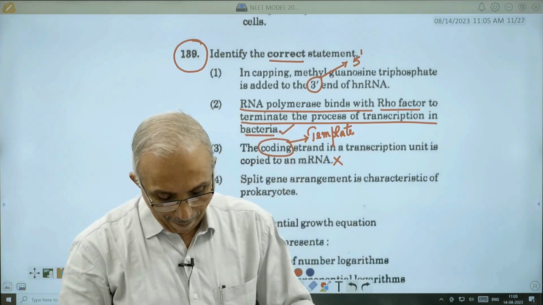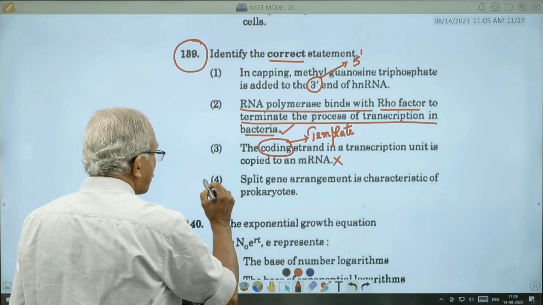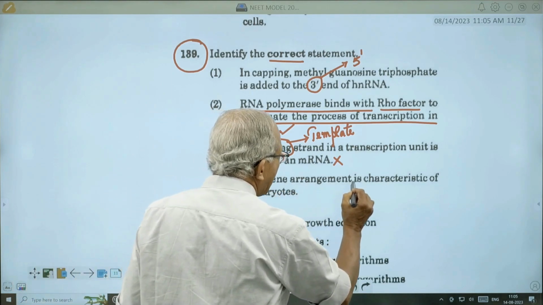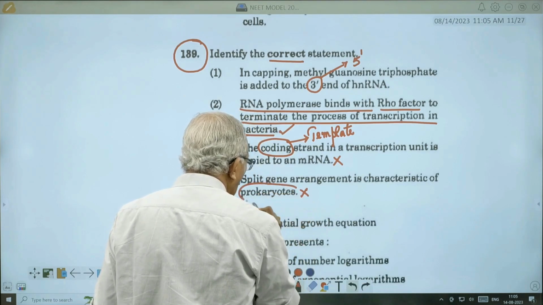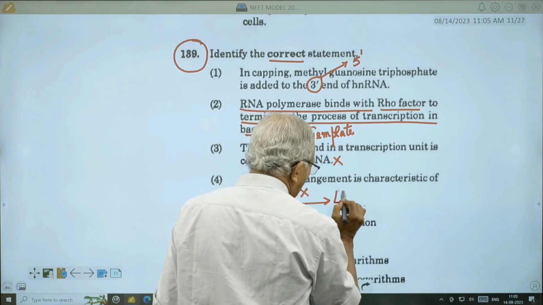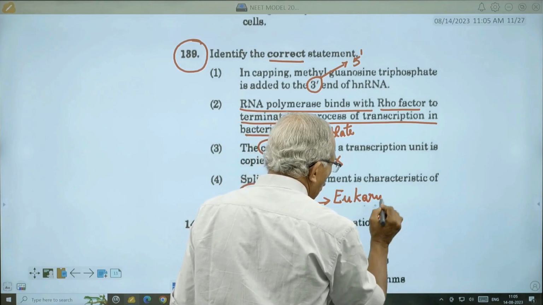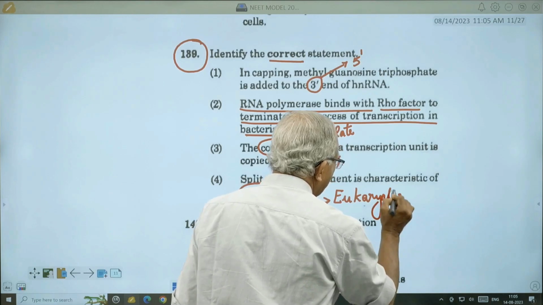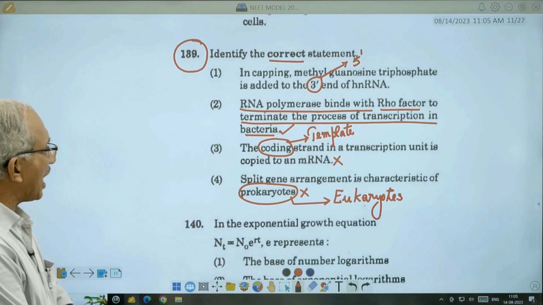Then, split gene arrangement is the characteristic of prokaryotes. Wrong. Split gene arrangement is the characteristic of eukaryotes.